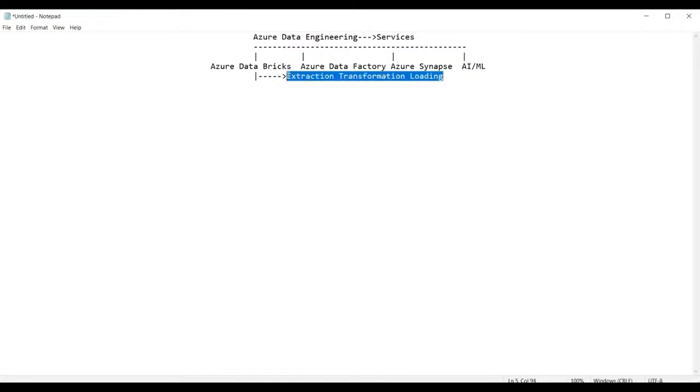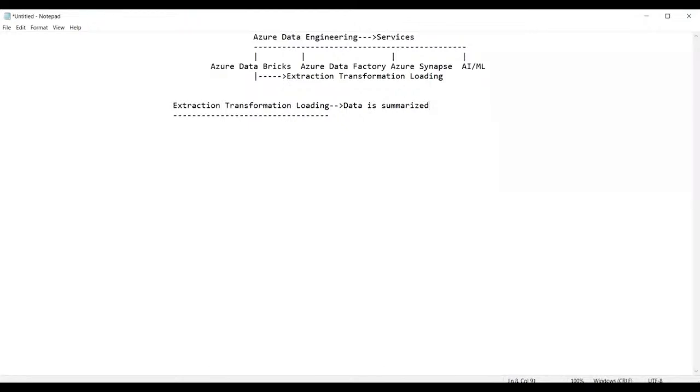Guys, what are extraction, transformation, and loading? Let us try to understand this first. It is a process where the data is summarized, and this summarized data is used for decision making.